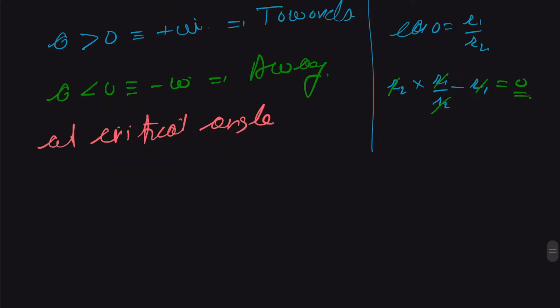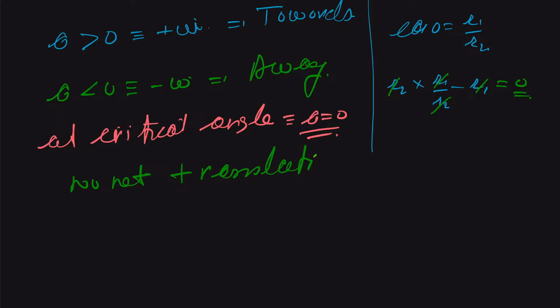Therefore at critical angle, the value of acceleration A is equal to 0. So we can say there is no net translational acceleration.